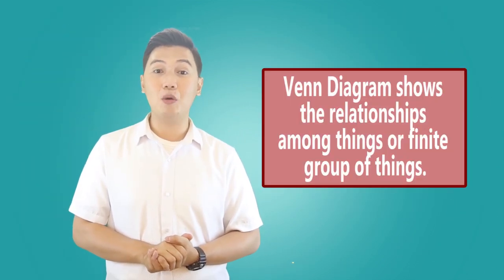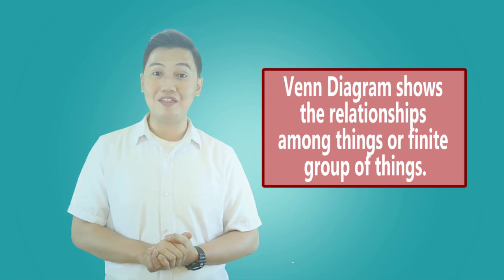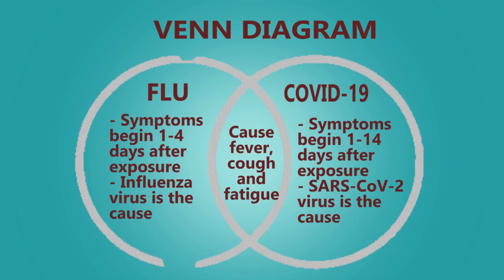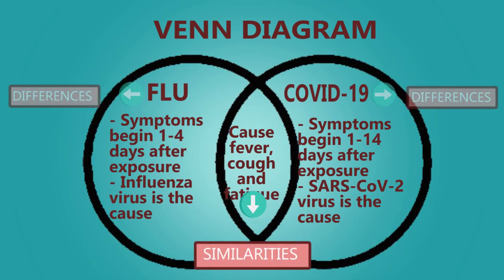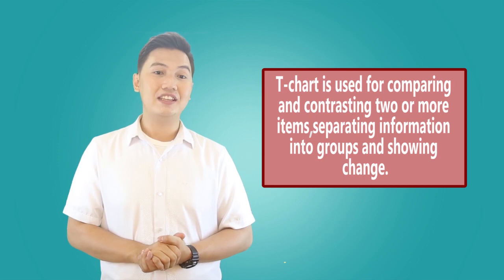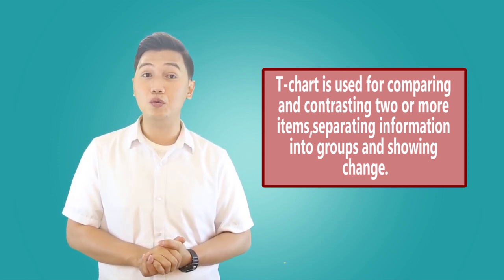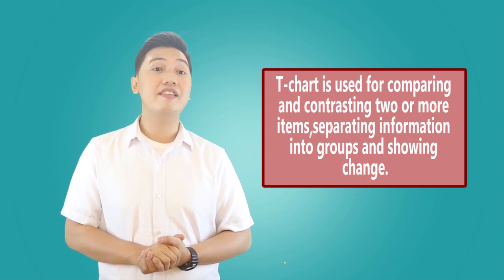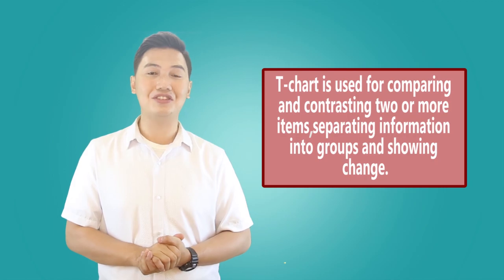As for the Venn diagram, it is used to show the relationship among things or finite groups of things. The circles that overlap have a commonality, while those that do not share those traits. While for the T-chart, it is traditionally used for comparing and contrasting two or more items, separating information into groups, and showing change.